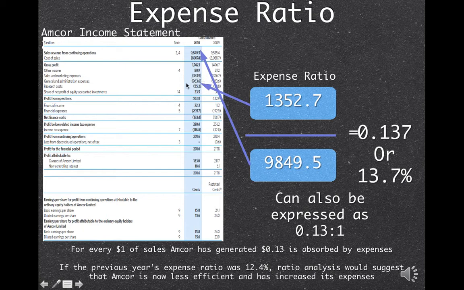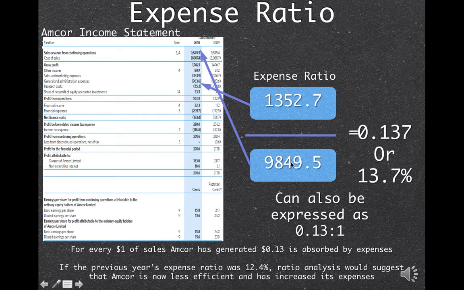That means it's an expense. So we need to total the three numbers up. We've got a sales and marketing expense, a general and admin expense, and a research cost expense. If you make an addition of all those three expenses that I'm highlighting at the moment, you will see that that comes to 135270. That's our expenses.